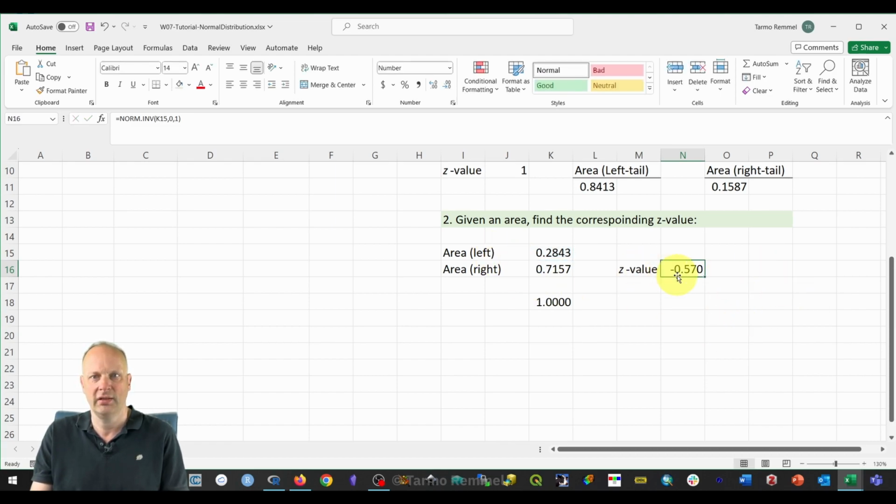Works really nicely, and they're all linked together. If I changed that to 0.5, then I know that if the area in the left tail is half and the area in the right tail is half, then I must be right in the middle of the distribution where we have the mean and it's 0.